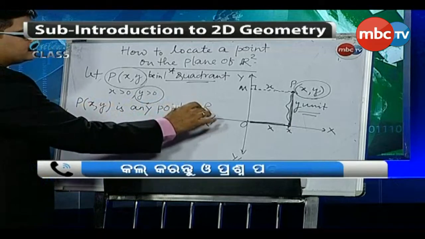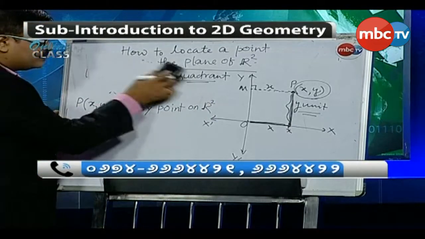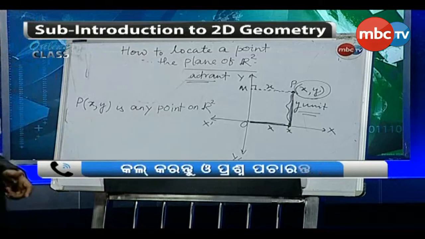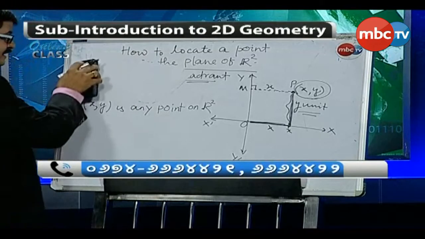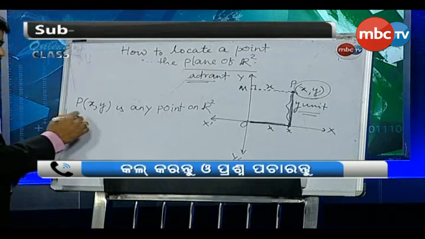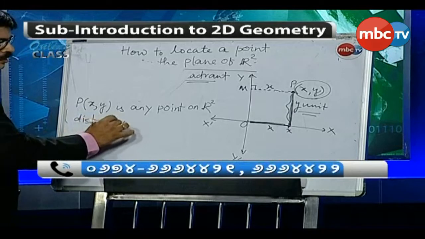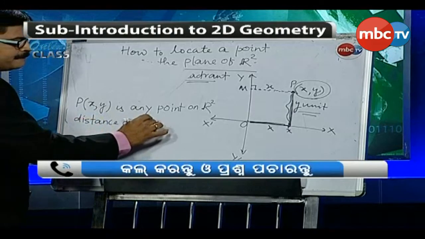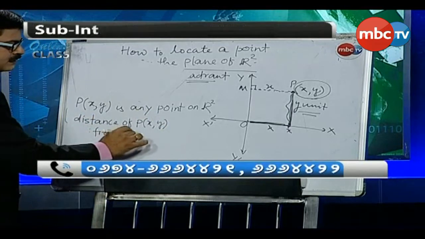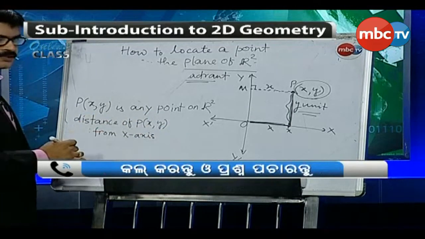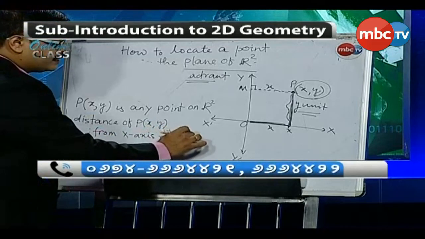on R square, meaning it may be in the first quadrant, second quadrant, third quadrant, or fourth quadrant, then the distance of P(x, y) from the x axis is equal to the modulus of the y coordinate.